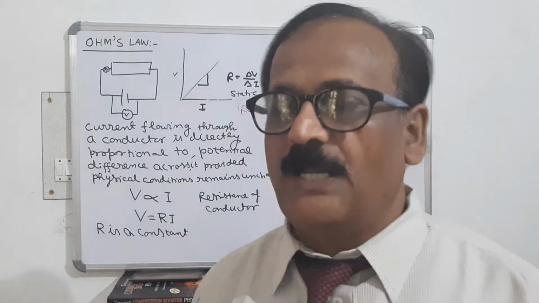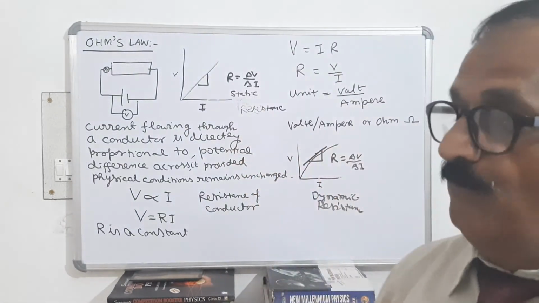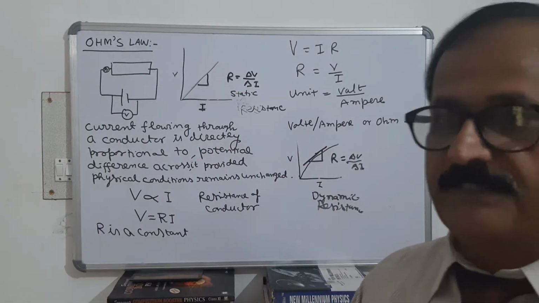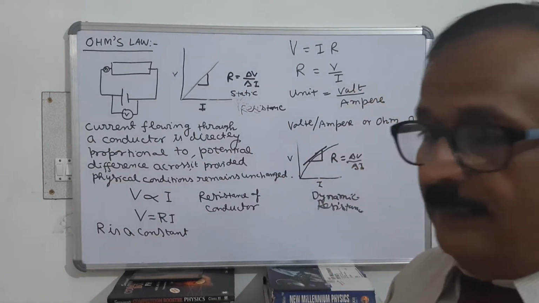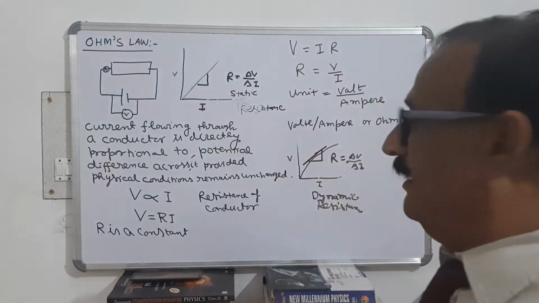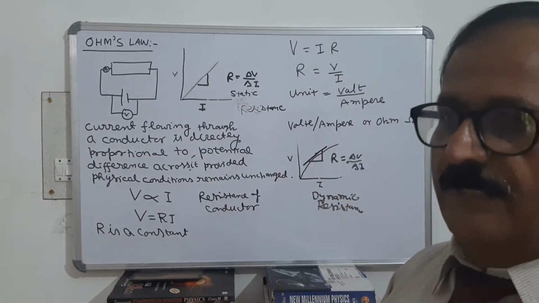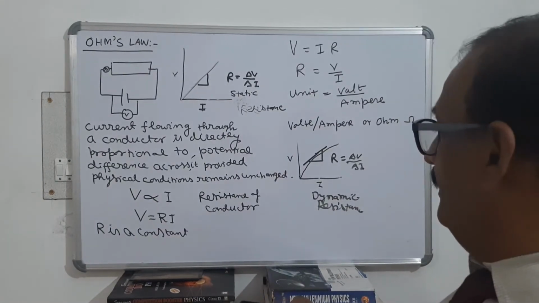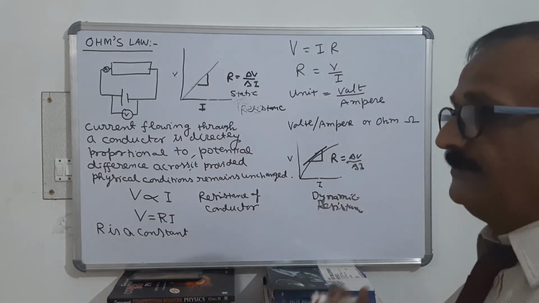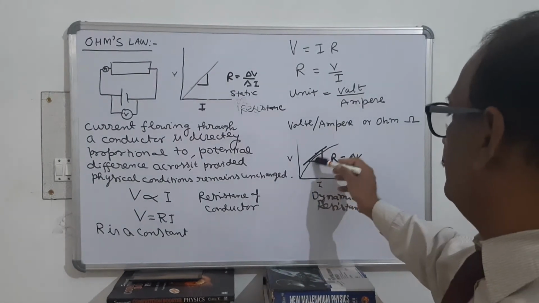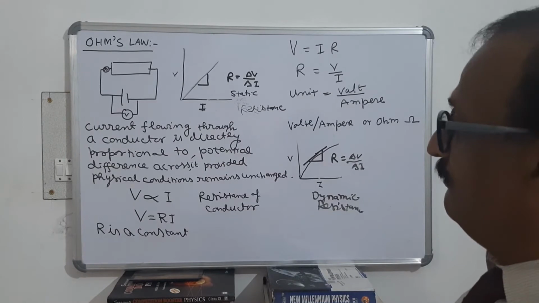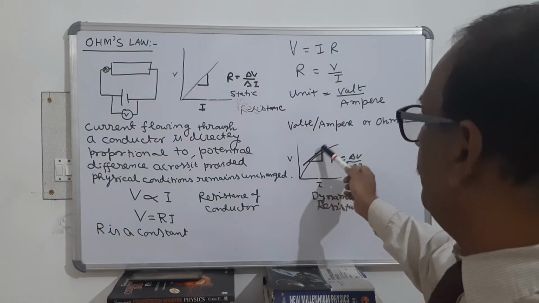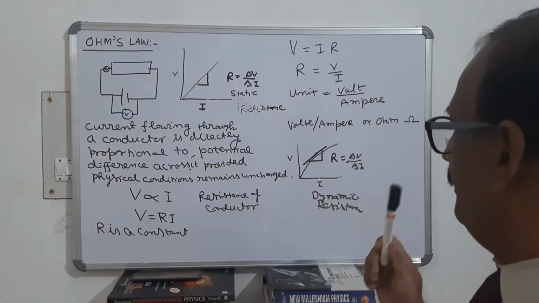If it does not obey Ohm's law, it is called non-ohmic. In case of an ohmic conductor, the slope of the graph is the same at every point, and this resistance is called static resistance. In case of non-ohmic conductors like torch bulb, semiconductors, etc., where current is not exactly proportional to potential difference, the graph is not a straight line but a curved line. Then for finding resistance we have to draw a tangent, and this slope of the tangent varies at every point. Therefore, this resistance is called dynamic resistance.